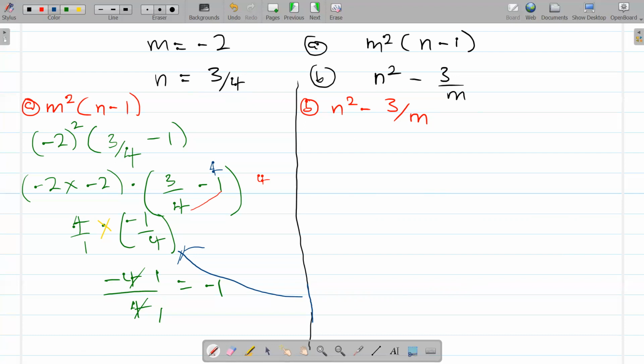M equals. Wait, I'm coming. I just, n is 3 over 4.